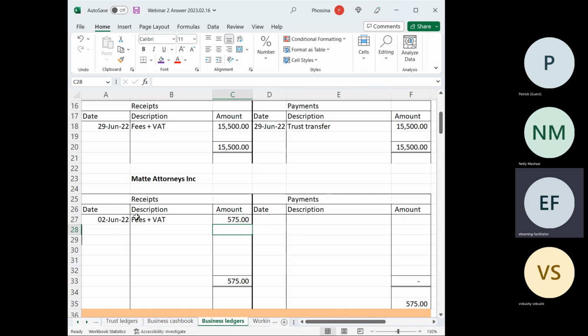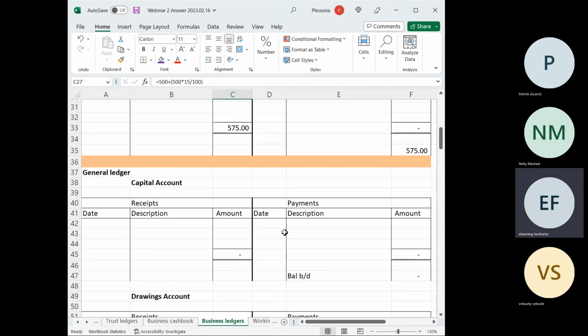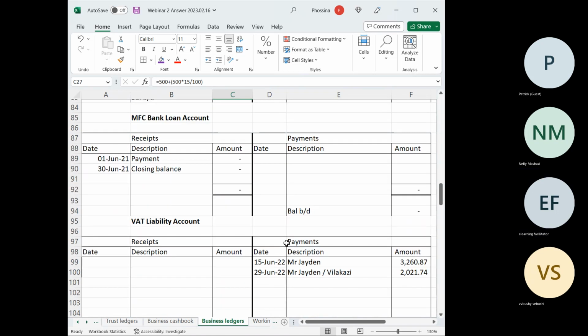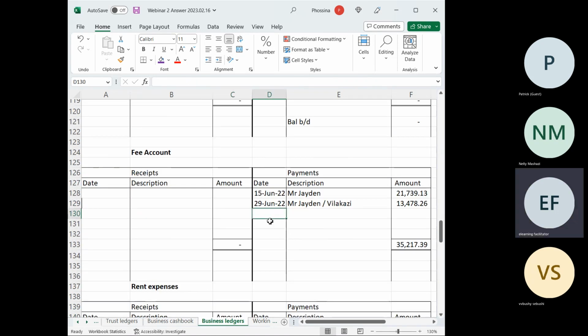And then the moment we've got fee plus VAT, it means we need to go to our fee account, we need to go to our VAT account, and we split the amount and record it there. Okay, so we go to our fee account. This is our fee account.